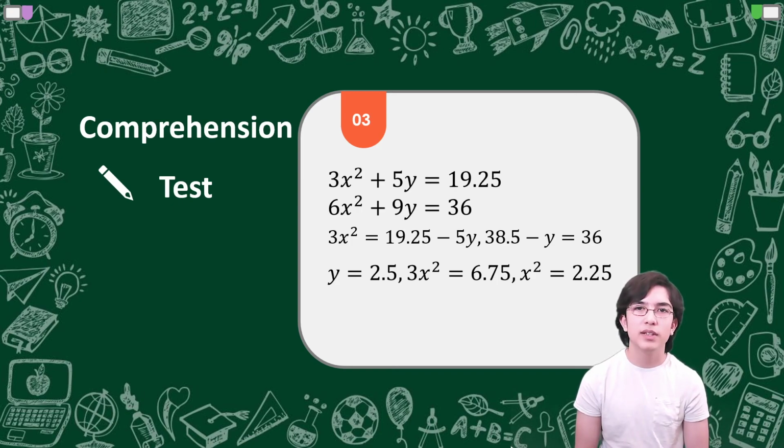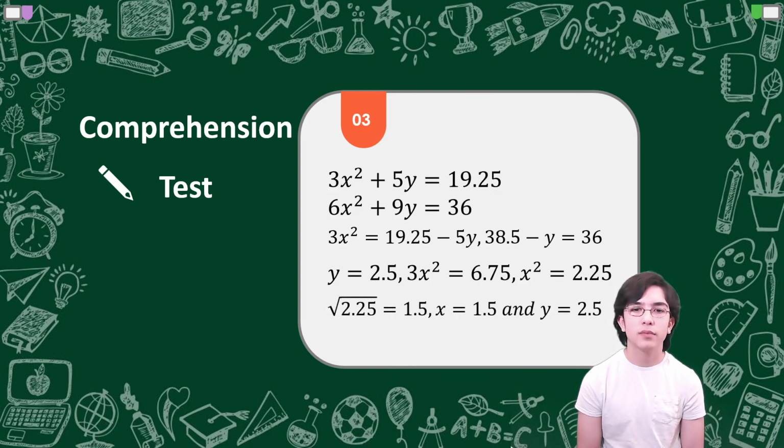So 3x squared equals 6.75. x squared equals 2.25, and root 2.25 is 1.5. So x equals 1.5 and y equals 2.5.